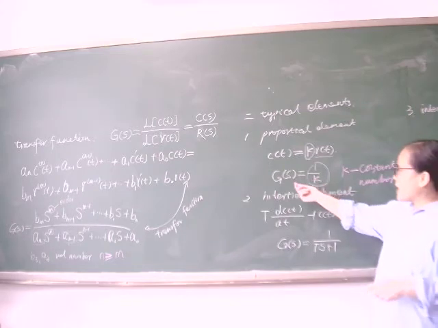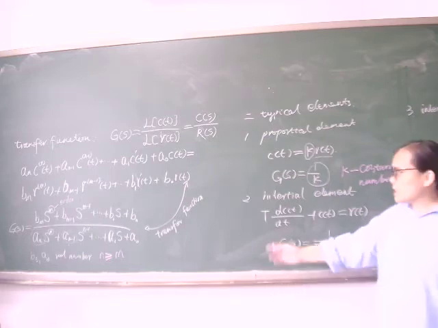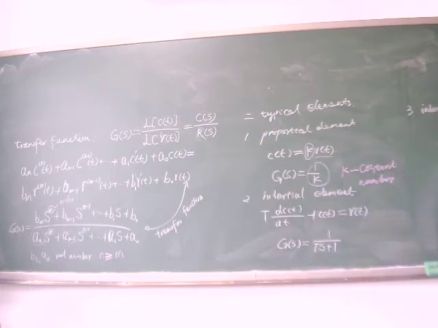This K has nothing to do with this s. So these two are not the same. So this transfer function G(s) equals 1 by s. This 1 by s is not this 1 by K. This K is a constant number, but this s is a variable.